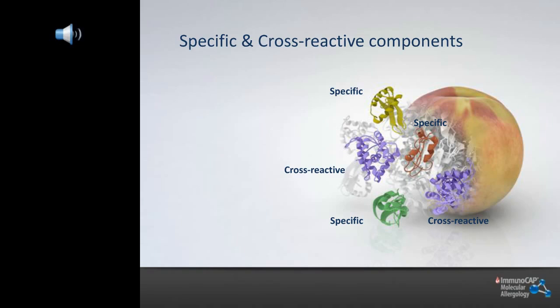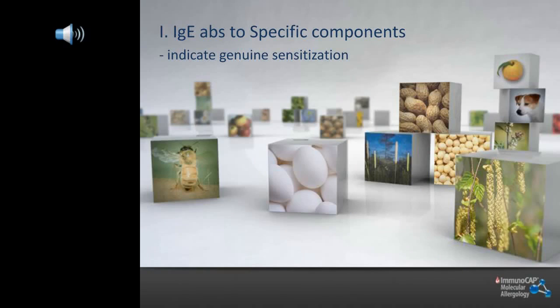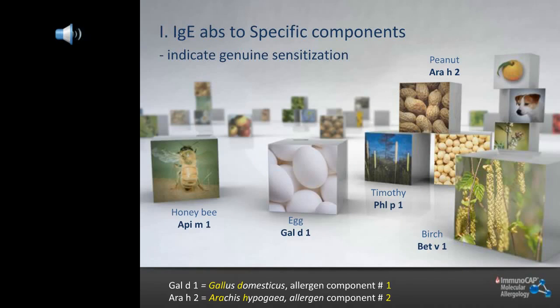So you build up a priority list of IgEs, where IgE to a specific component is the most important, that causes reactions. IgE to cross-reactive is less likely, and to more labile products is less likely. So IgE to a specific component is genuine sensitization. So they take Ara h 2 and Gal d 1 as an example.